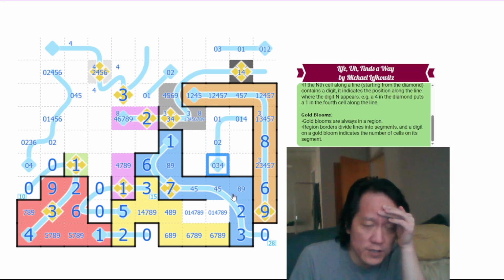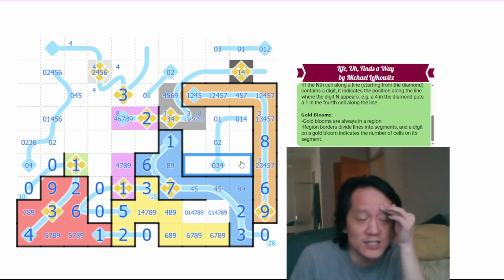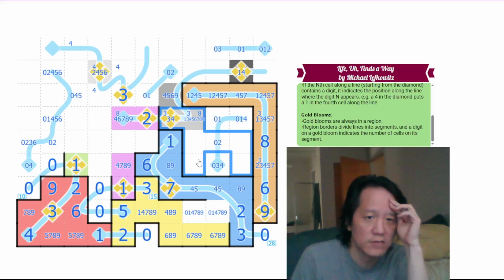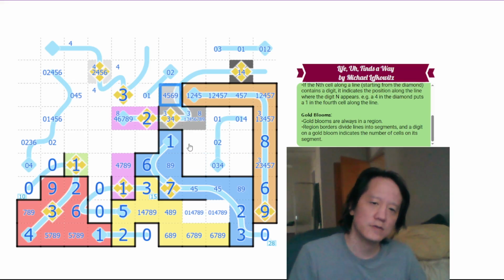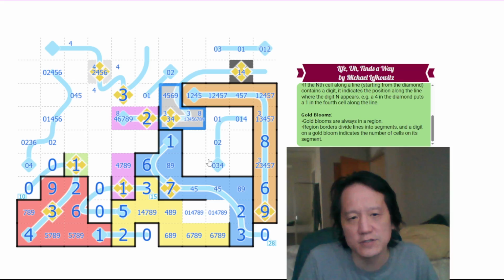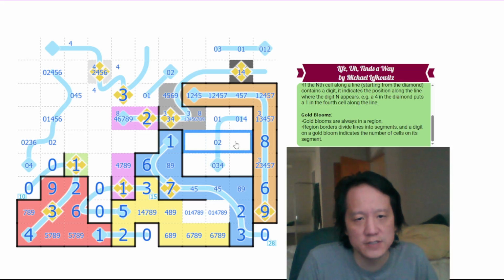So if it avoided this cell, so at least 2 of 3 of these are gray. So if it avoided this one, it could do something like that. I guess that's possible. 1, 2, 3, 4, 5, 6, yeah. 7, 8. Okay, so at least 2 of these. So this medium gray cell region, we have 1, 2, 3, 4, 5, 6 guaranteed.